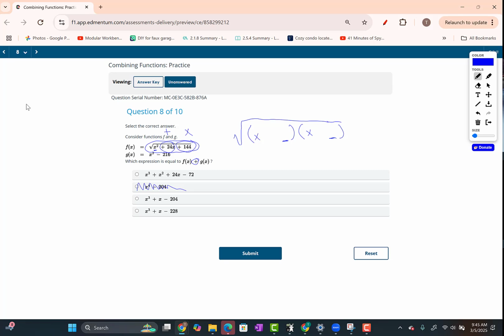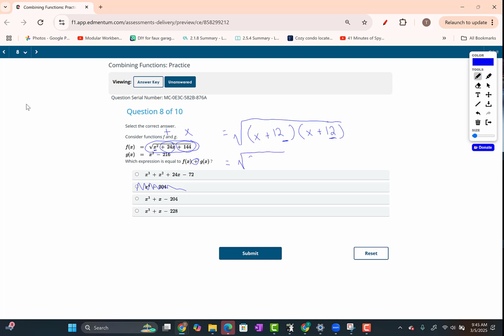The only two numbers that do that are 12 and 12. 12 times 12 is 144. 12 plus 12 is 24. And of course, x plus 12 times x plus 12, we're multiplying something by itself.